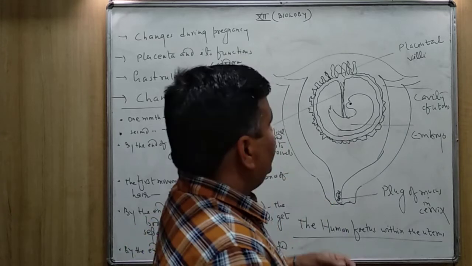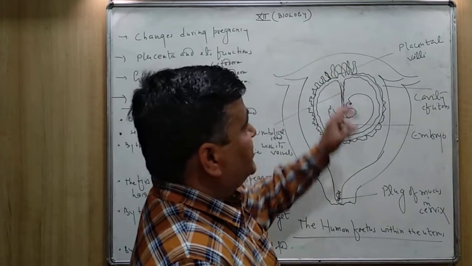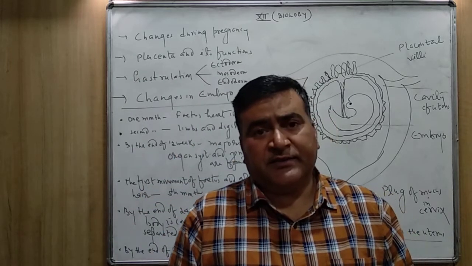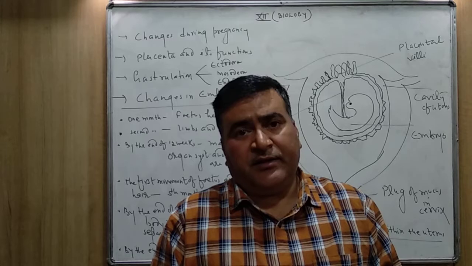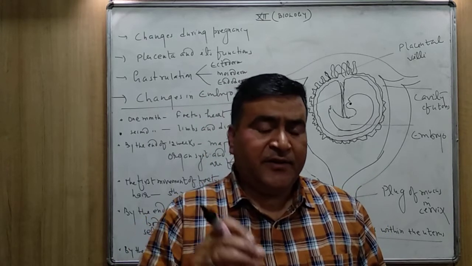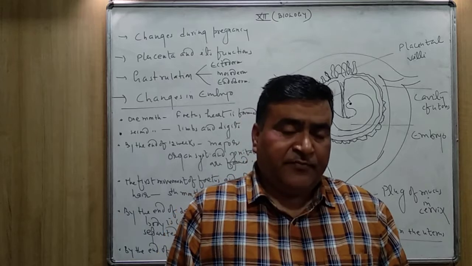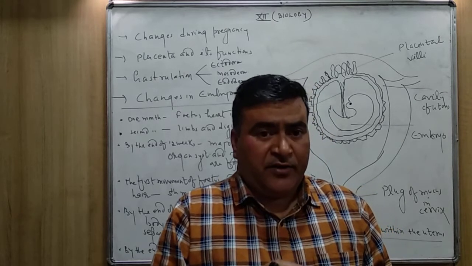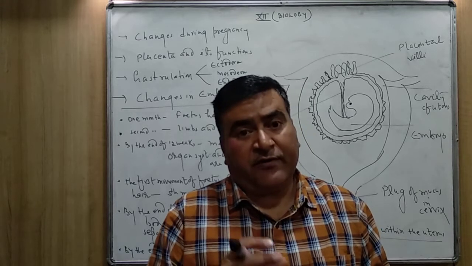When that chorionic villi comes and attaches to the wall of uterus, the chorionic villi is interdigitated with the uterine tissues, the wall of uterine tissues.